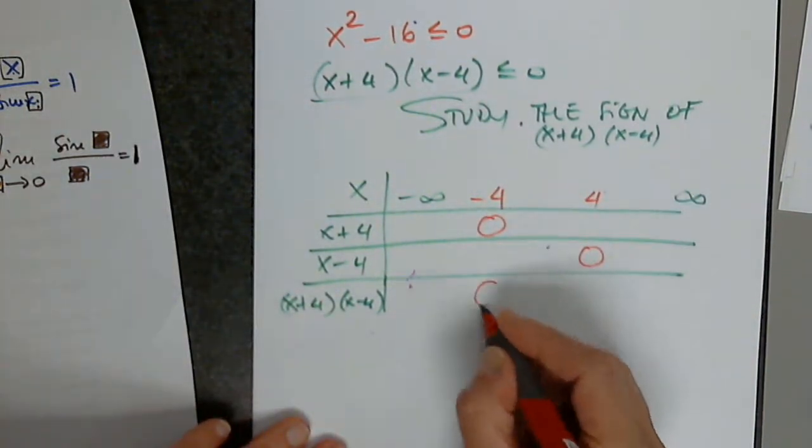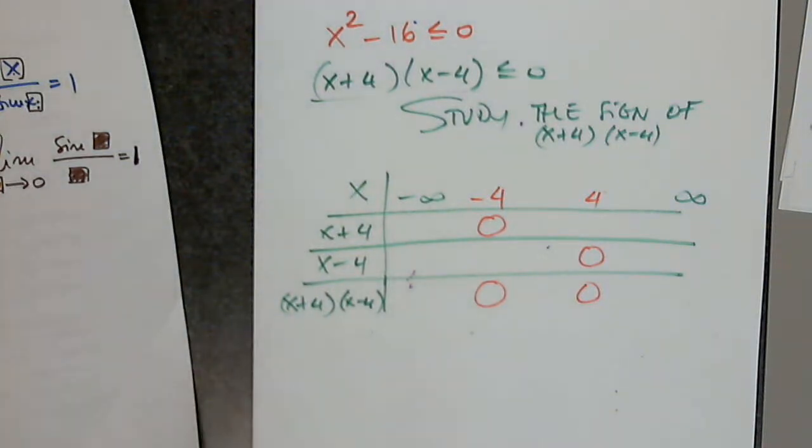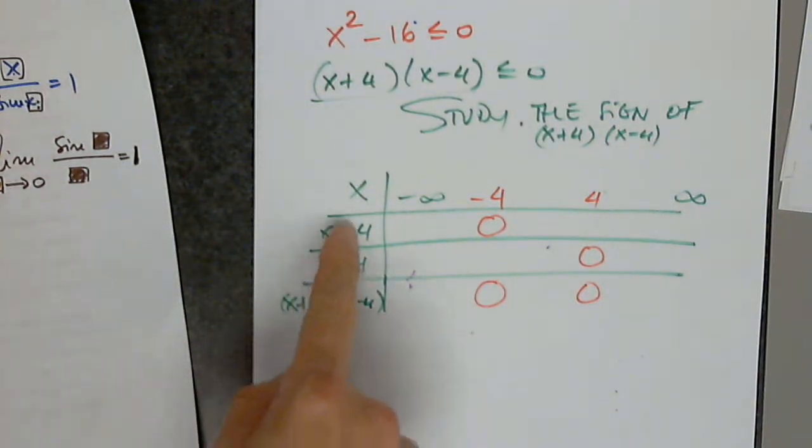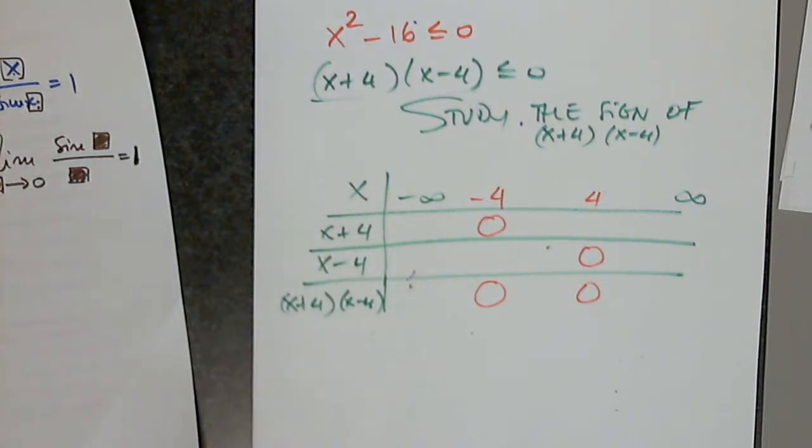Therefore, the product will be 0 whenever one of the factors is 0. Now, what type of functions are these? With a positive slope or with a negative slope? Will these two look like this or like this?